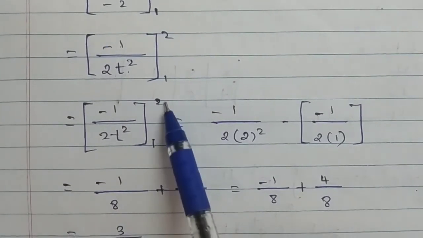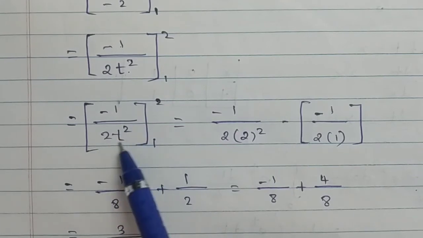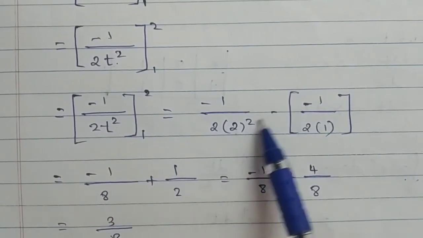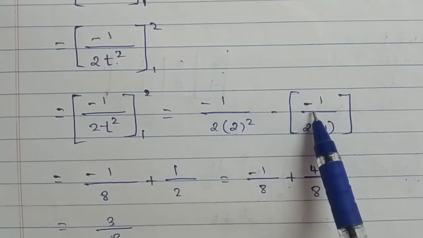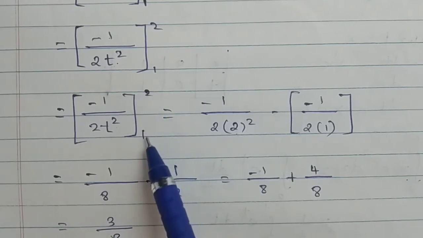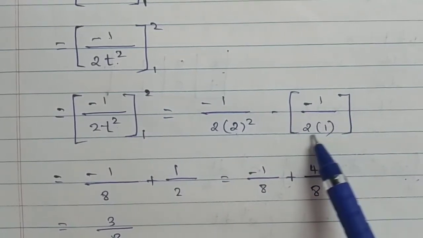Now apply the upper limit and lower limit. Minus 1 divided by 2, in the place of t square substitute 2 square, minus the lower limit value, minus of minus 1 divided by 2 into 1.